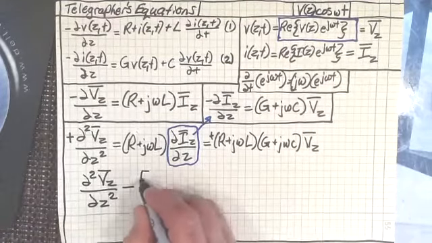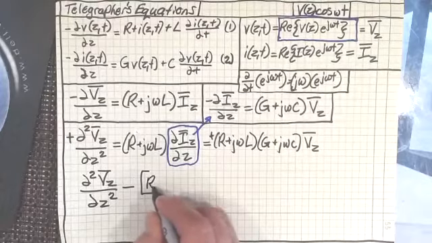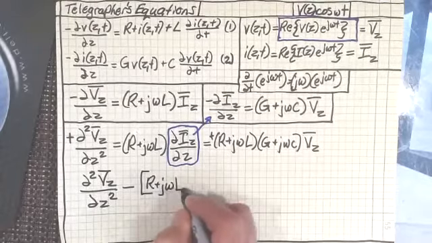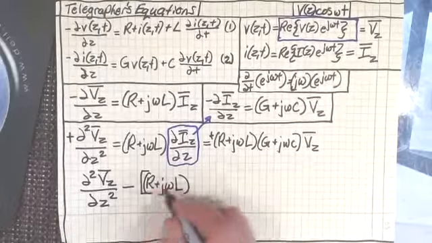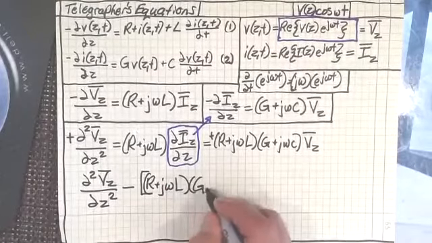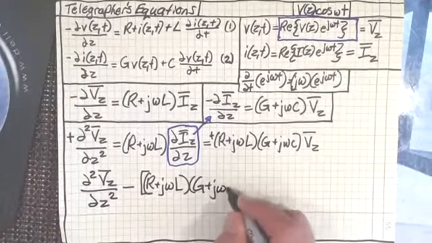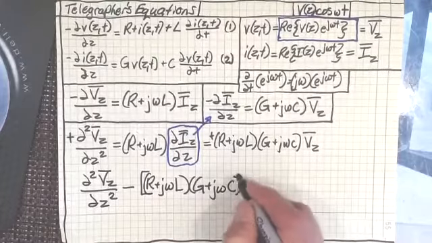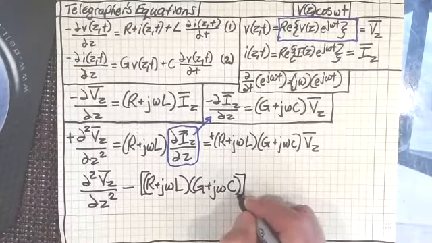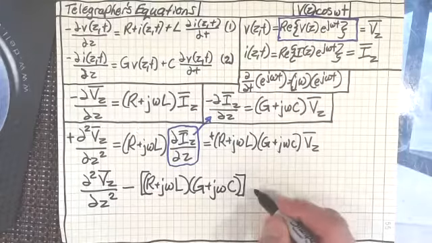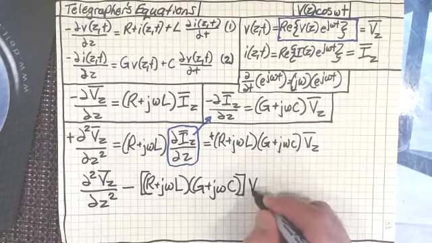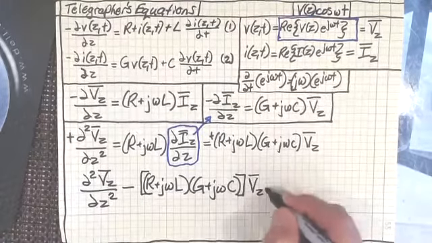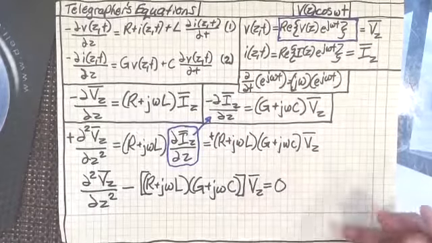Minus (R plus jωL) times (G plus jωC) times V̄ sub Z equals 0.